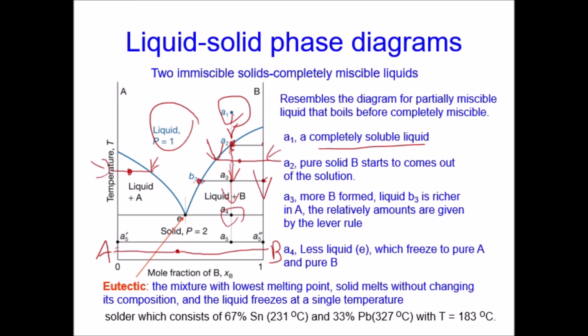What do you see now? Not only B comes out, A also comes out. So now you see 3 phases: solid A, solid B, and a liquid solution.